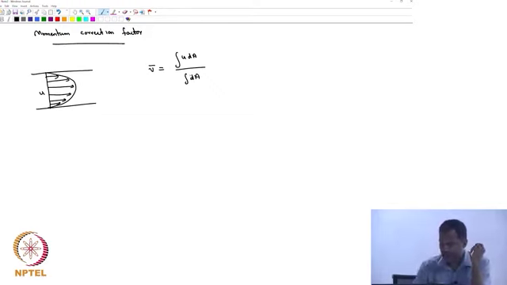Let me write that as 1 by A times the integral of u dA. Now let's say we want to calculate the momentum flux.